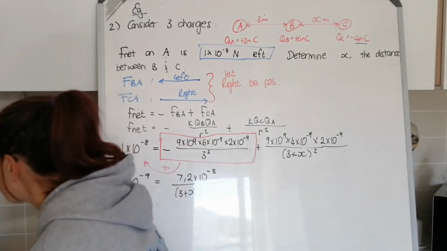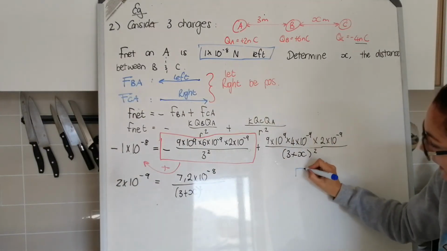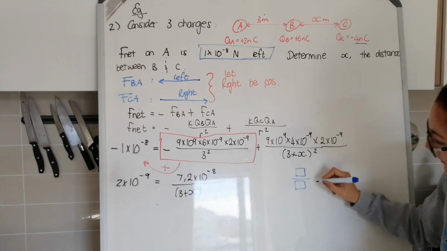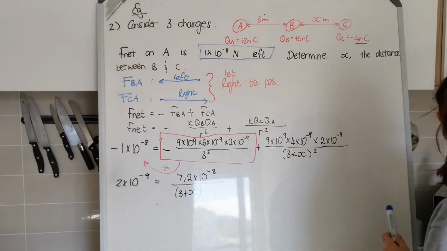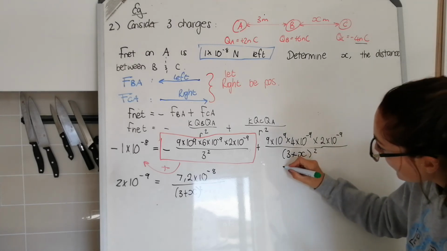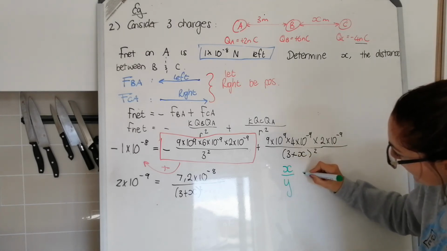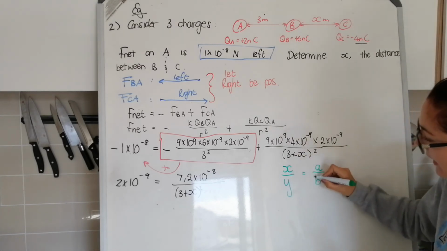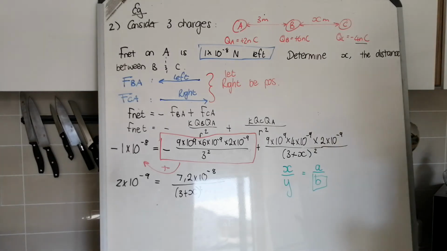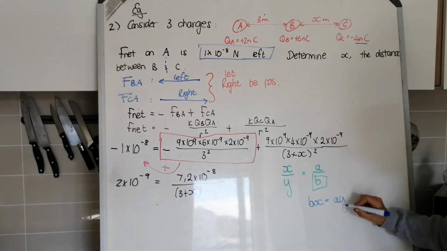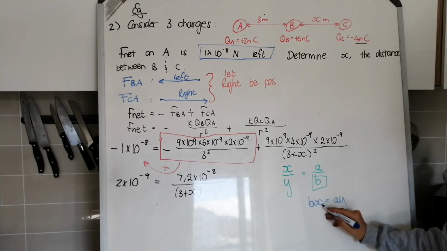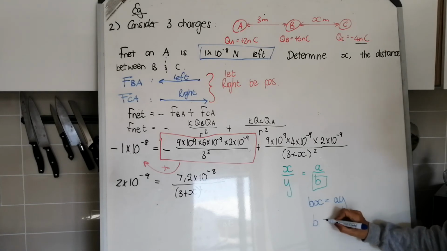I know that if I have, let's actually use it with variables. Okay, if I have fractions like this, if I have x over y equals a over b, and I want to isolate b, I know that I can cross multiply, so I'll have bx equals ay, and then I divide both sides by x to get my b alone, so b equals ay over x.